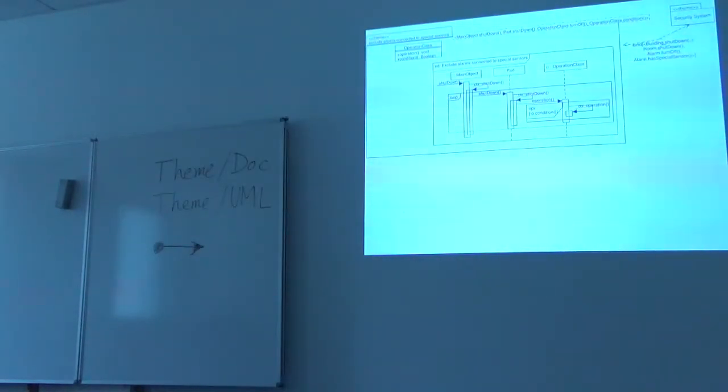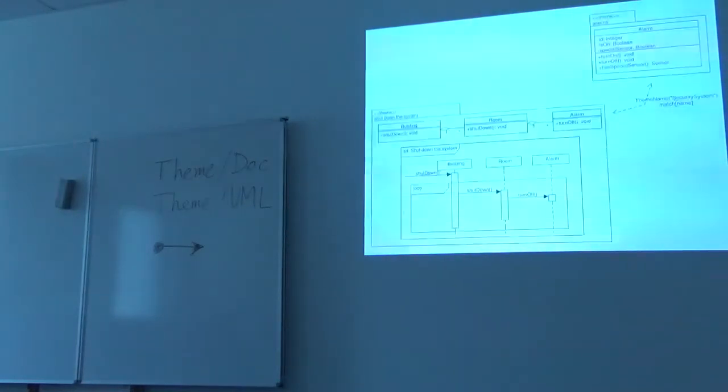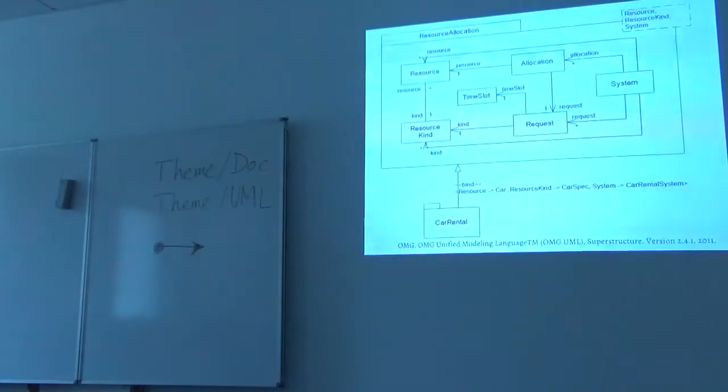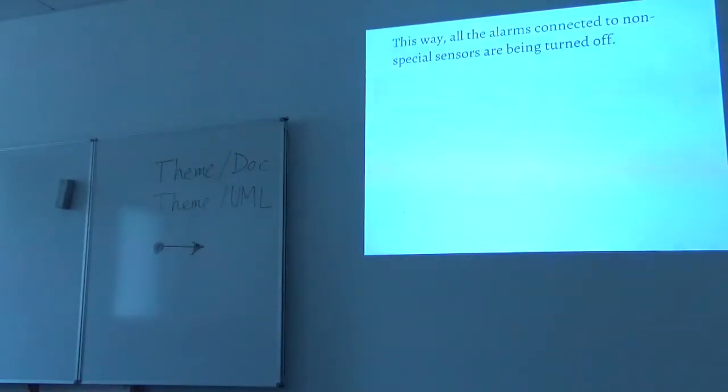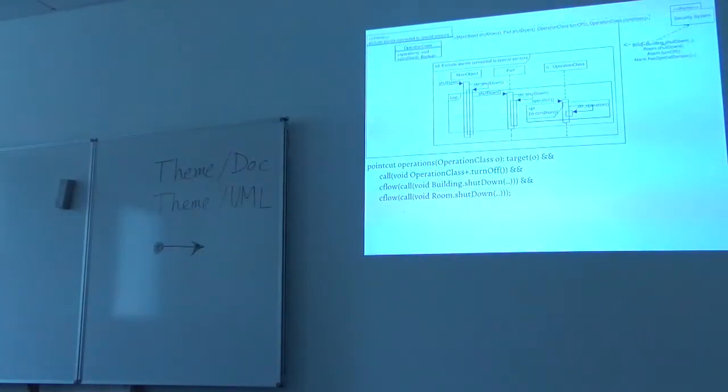So this more complex point cut that we would have here would be like this. This is the more complex point cut that we will have here. We actually capture this call and then the control flow of the building shutdown, and then the control flow of room shutdown.